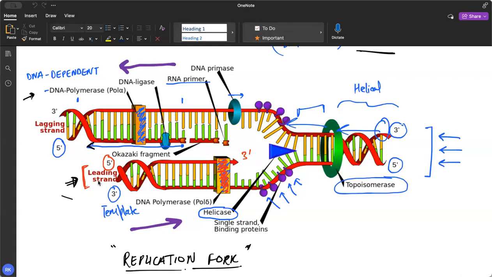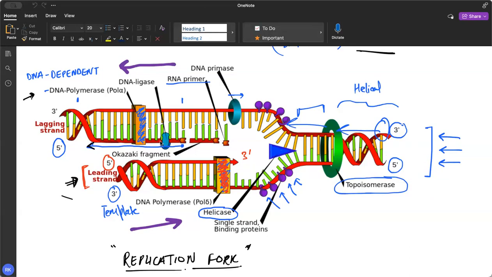DNA polymerase cannot work continuously because the complementary strand that it is making would have to be made in the 3' to 5' direction, opposite to its own direction of work. But since polymerase cannot move in a 3' to 5' direction, it waits for the opening of this helix. And the moment it opens a little, it synthesizes the complementary strand.